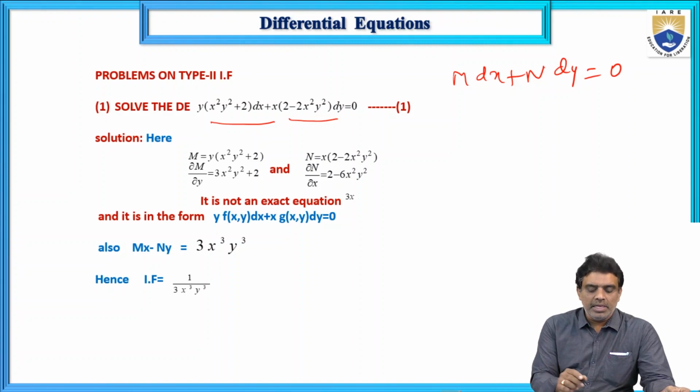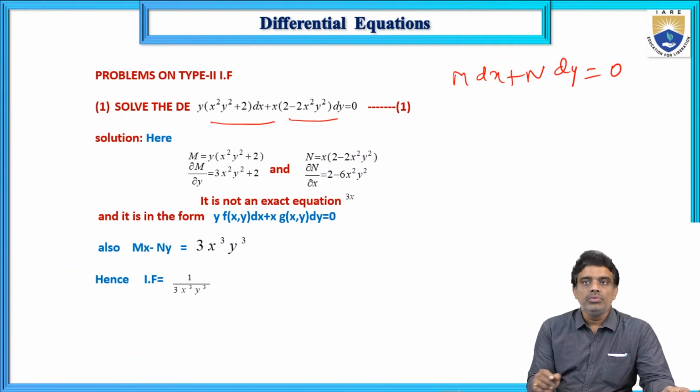Here M is y(x squared y squared plus 2) and N is x(2 minus 2x squared y squared).